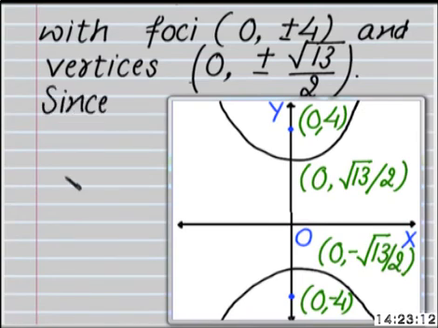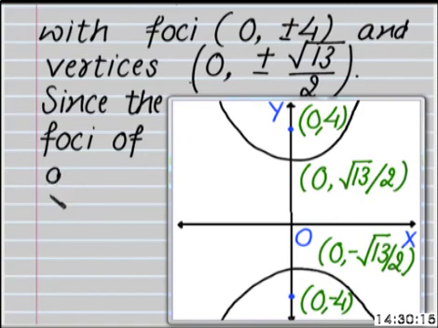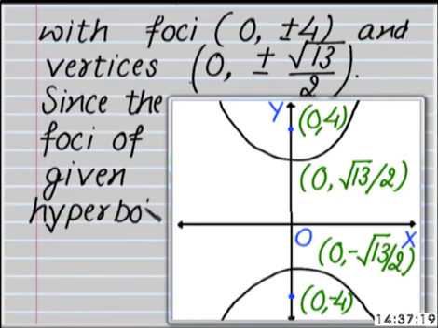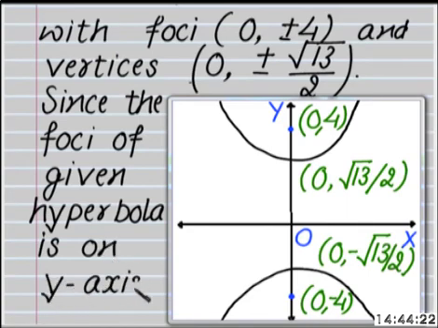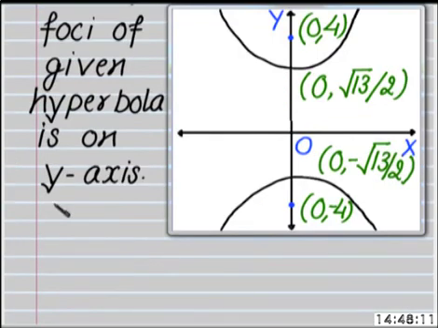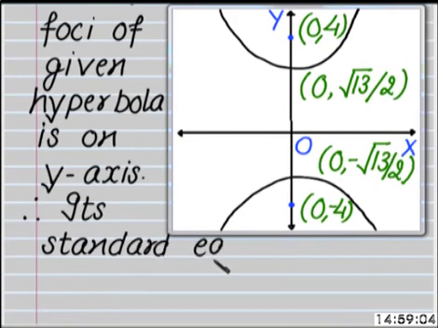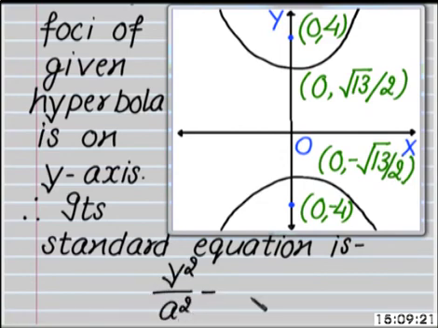Since the foci of the given hyperbola are on the y-axis, therefore its standard equation is of the type y square upon a square minus x square upon b square equal to 1.